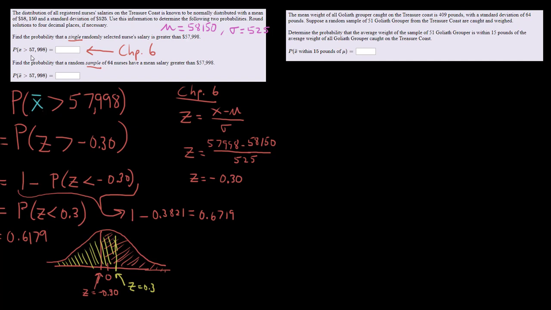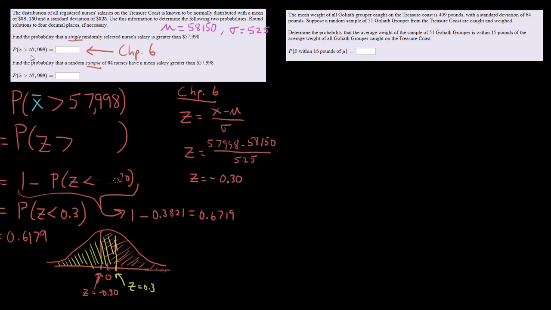We're going to talk to 64 randomly selected nurses, ask them all what their salary is, and then calculate the average of that salary, and ask what's the probability that that average salary is bigger than $57,998. Where things change is that the symbol has to change because we're talking about a sample now, but we still need to convert that to a z-value.